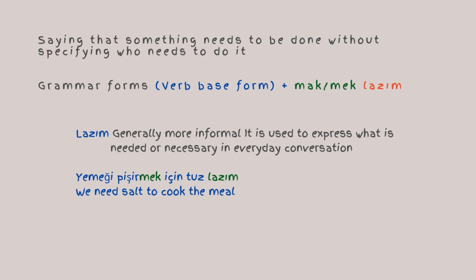And this is how we're gonna form the grammar form. The verb base form, just add mak or mek and the word, the necessity that we're gonna use from 4 types. Pişirmek lazım, which means need to cook.